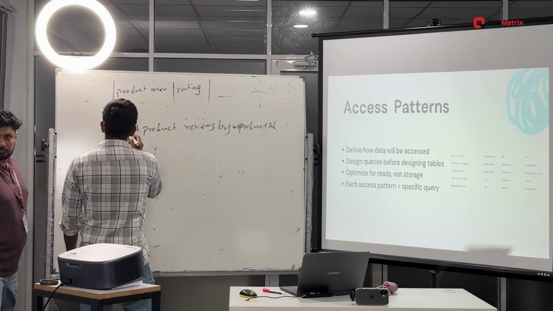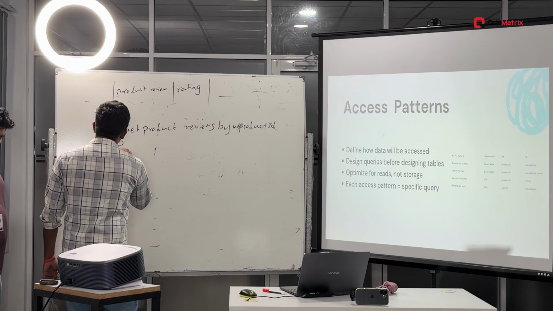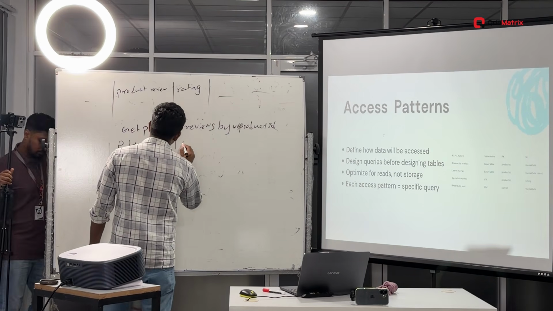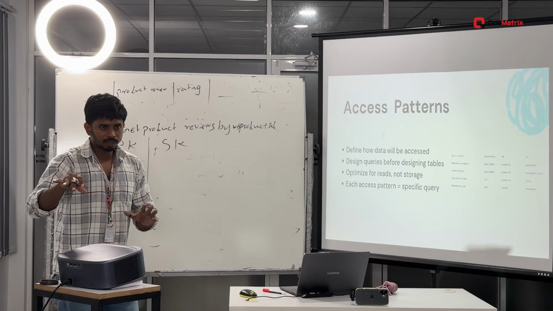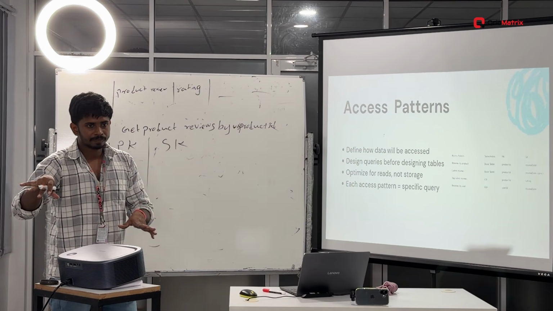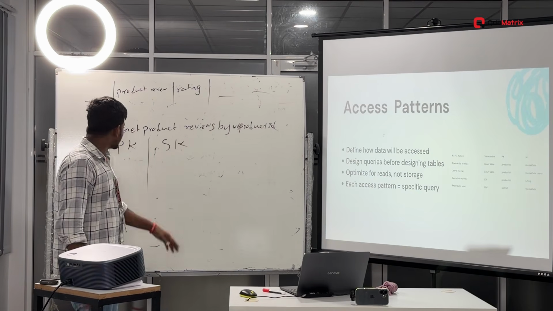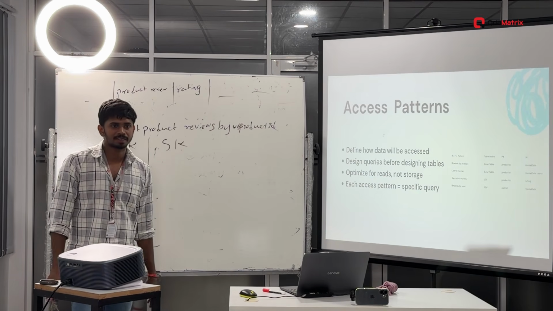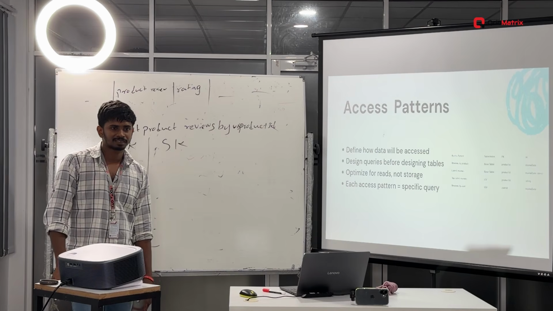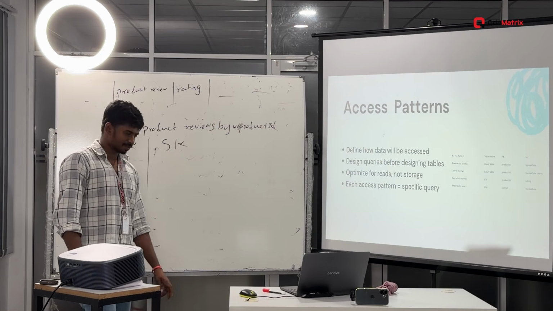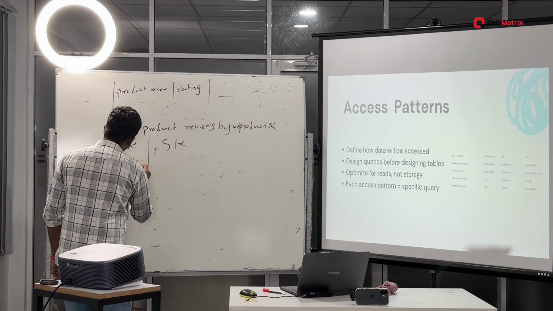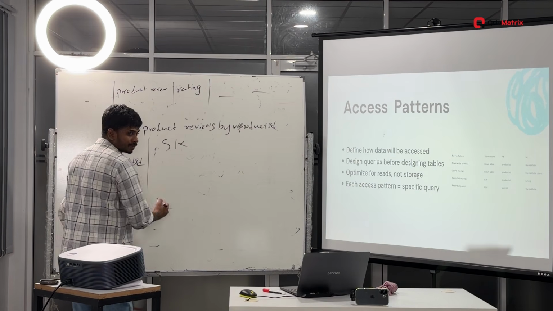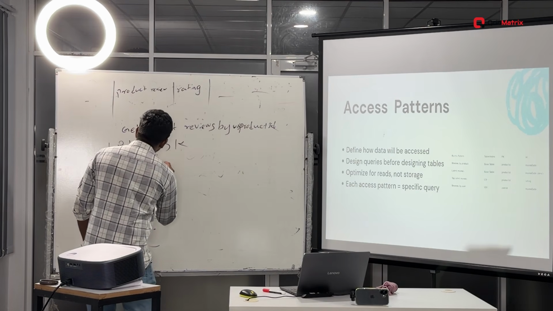And also you need to do filtering based on date time. In that scenario, what will be the PK and what will be the SK? The PK will be the product ID, and the SK will be the date time or timestamp.